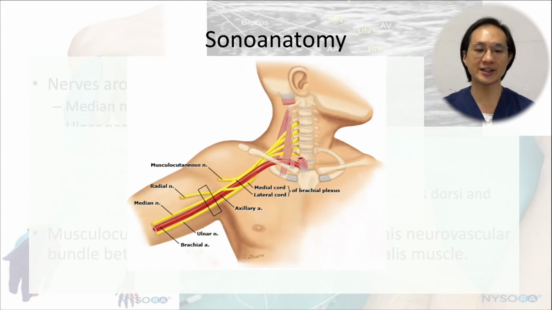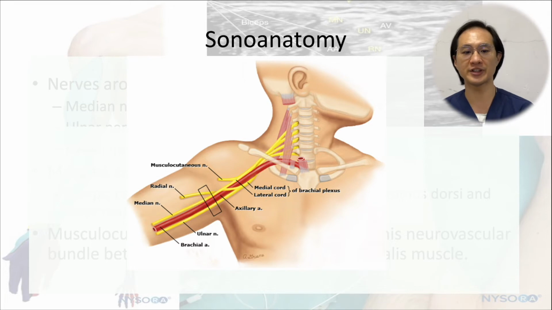At this level, the brachial plexus will be in the form of peripheral nerves, mainly the median nerve, which is lateral to the artery, the ulnar nerve medial to the artery, and the radial nerve posterior to the artery.